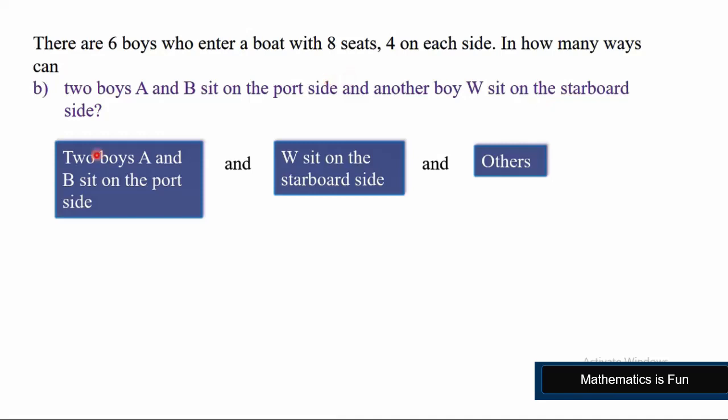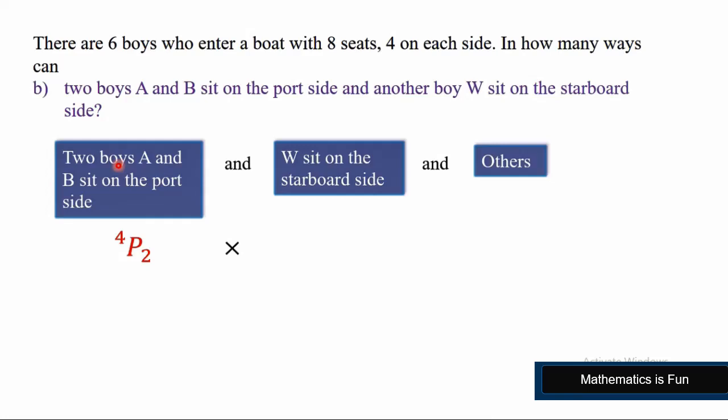So here we have 2 boys and they have to sit on the port side. There are 4 seats on each side, 4 seats on the port side and 4 seats on the starboard side. So the 2 boys A and B have to sit on the port side, and there are 4 seats. So on the 4 seats we have to arrange 2 boys, so it would be 4P2 different ways.